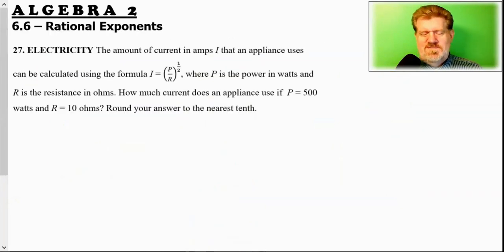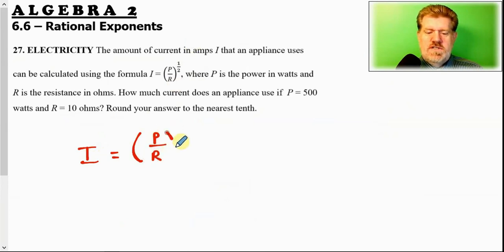So, all right, last problem. Nice, easy one, honestly, because all we're going to do is plug this into the formula. We have this formula that calculates current. Now, I don't know much about electrical studies. I don't know why current is I, but it is.